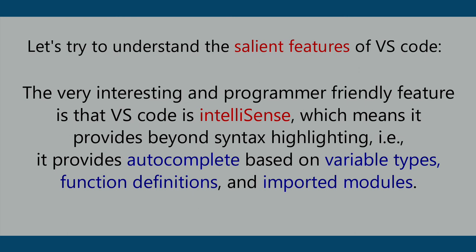The very interesting and programmer friendly feature, as I said earlier, is that VS Code has IntelliSense, which means it provides beyond syntax highlighting. That is, it provides autocomplete based on variable types, function definitions, and imported modules.